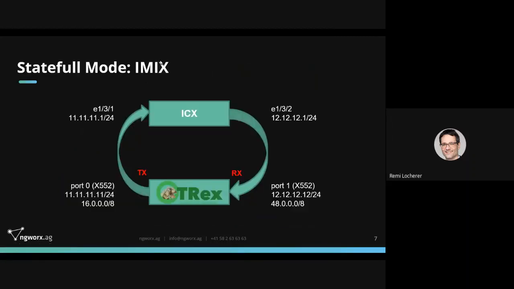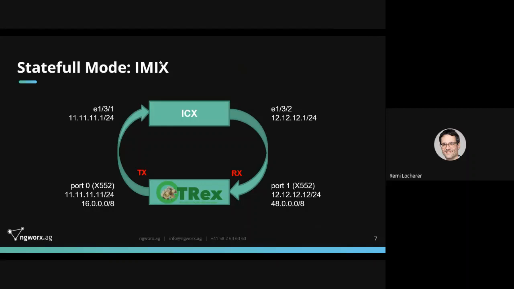Let's start with our first test. We use this little switch with 2 10 gig NICs. I already connected it to the TRex machine, and we just want to generate stateful IMIX traffic. Why stateful? This is the first mode that was present in TRex to generate stateful traffic.